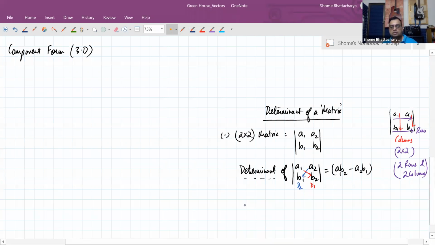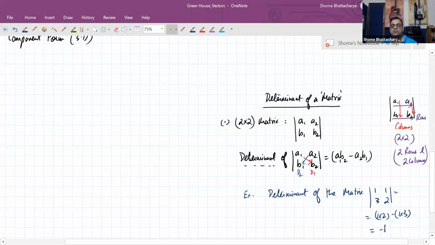So for example, the determinant of the matrix, let's say 1 1 3 2, this one is nothing but 1 into 2 minus 1 into 3, so it is minus 1.